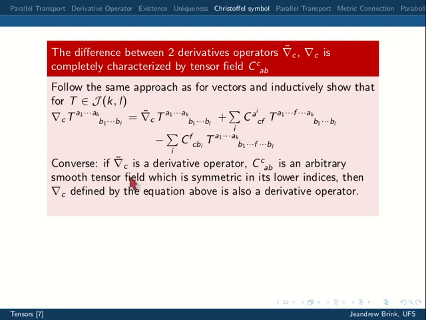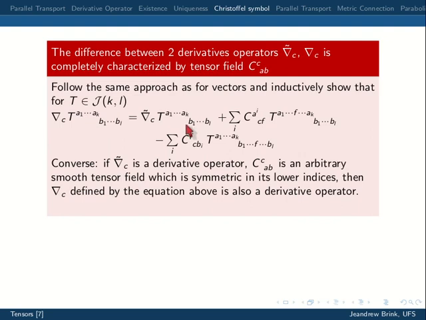So it's true that if you have one derivative operator, any other derivative operator can be written in this form. And if you have a specific derivative operator and you have any field C that is symmetric in these lower two indexes, you can always find another derivative operator that obeys the 5 axioms you had, if you use this rule.